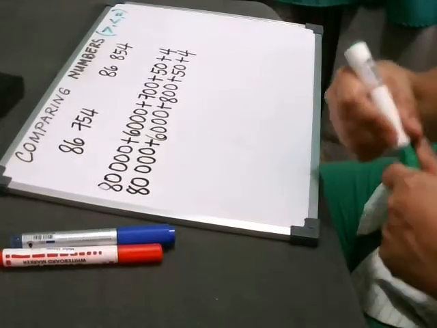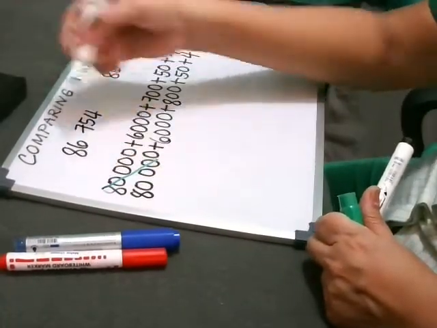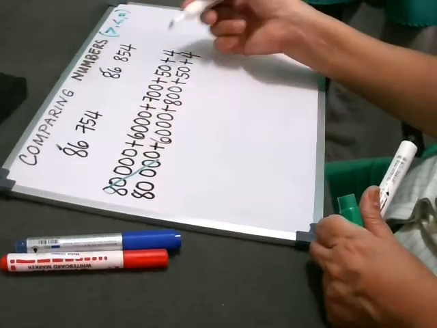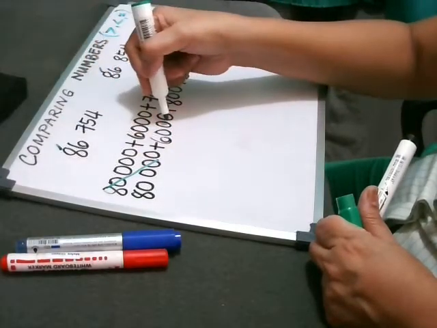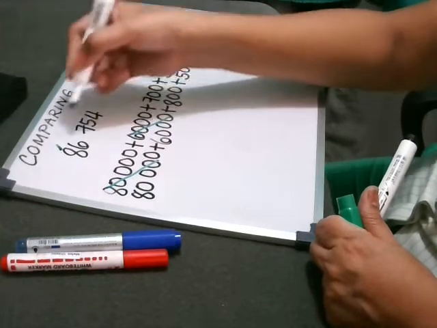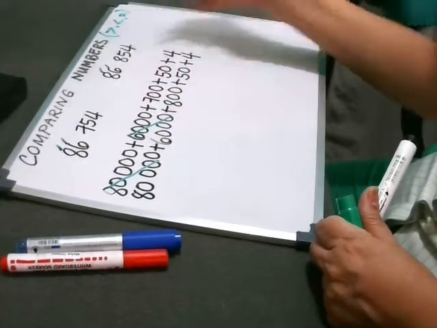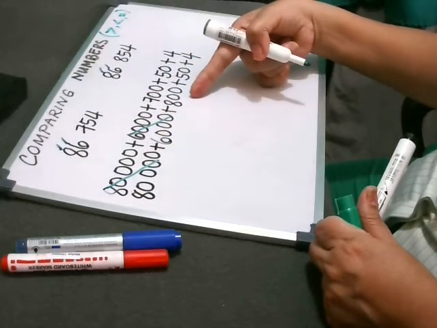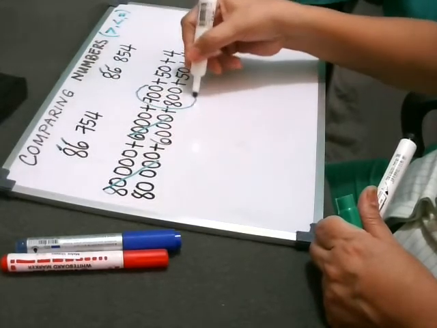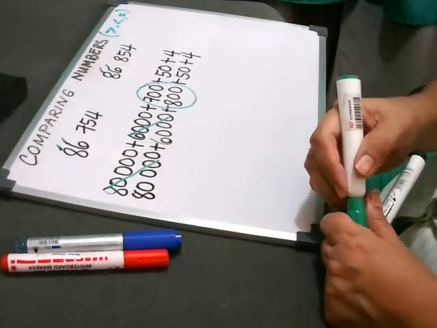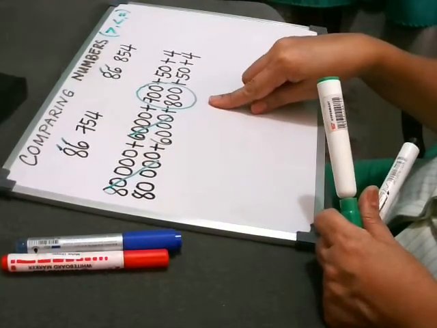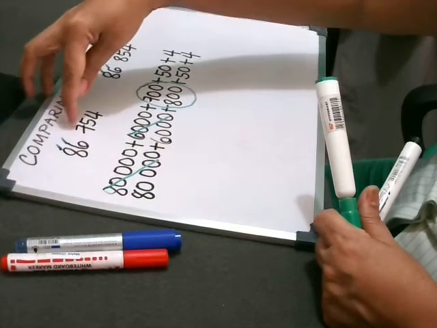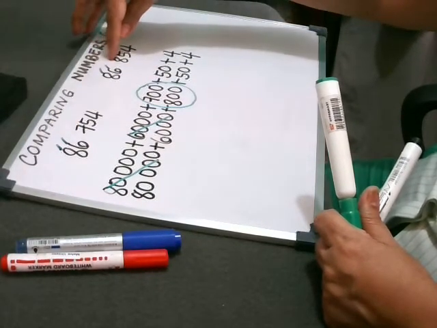Looking to the left, these are the same, meaning to say check, check. The next number is 6,000. They are the same. Check, check. The next number is 700 and 800. So this is where we find the difference. We can now compare that this one is smaller than this one because this is 700 and this is 800.